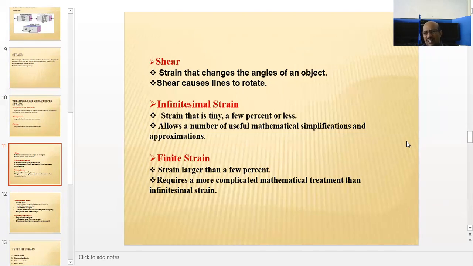With stresses, even if some problems are hard, we can solve them very easily. But whenever strain comes into the picture, the mathematical calculations become complicated and very tough. So till now we discussed shear strain, infinitesimal strain and finite strain.